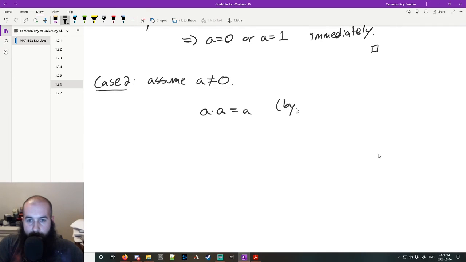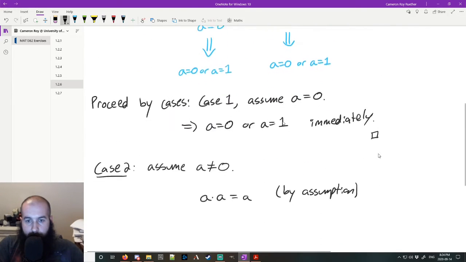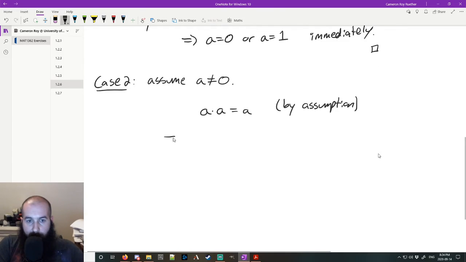This is by assumption. By this assumption up here. And I'm going to apply an axiom, but just to the right-hand side. So let's just draw this in blue. The left-hand side is going to stay the same. And on the right-hand side, I'm going to write this as a times 1 using the multiplicative identity.